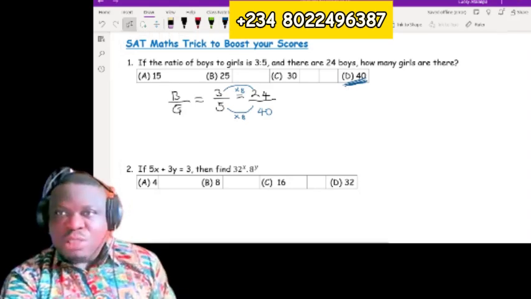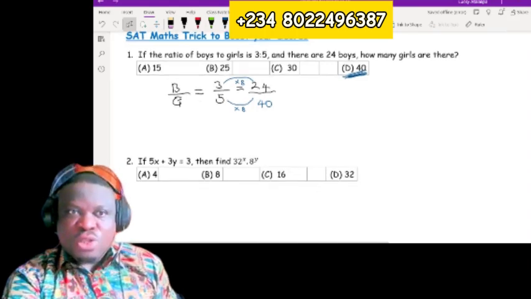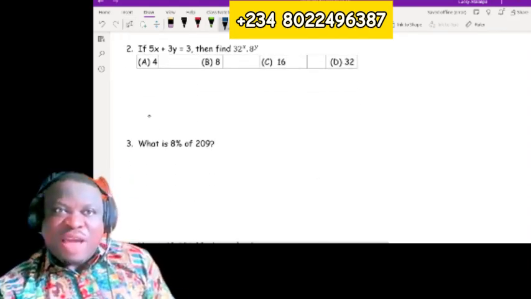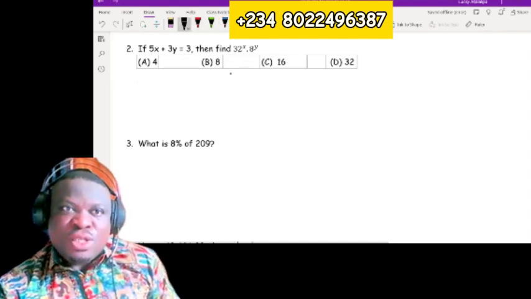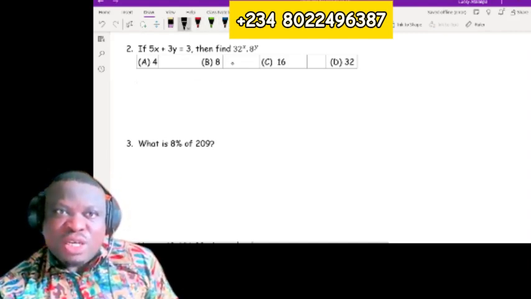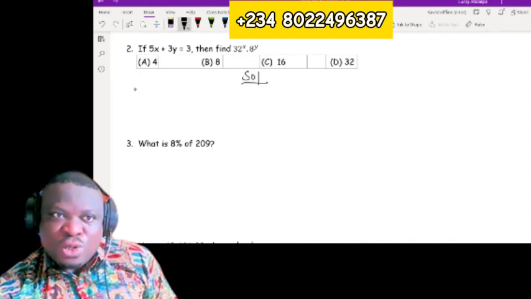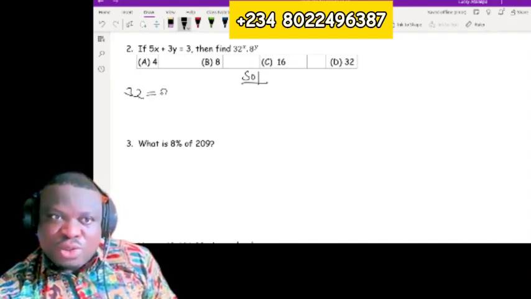All right, so let's move on to question number 2. Question number 2 says that if 5x plus 3y equals 3, find 32 to the power of x multiplied by 8 to the power of y. Solution. We know that 32 is the same thing as 2 to the power of 5, and 8 is the same thing as 2 to the power of 3.